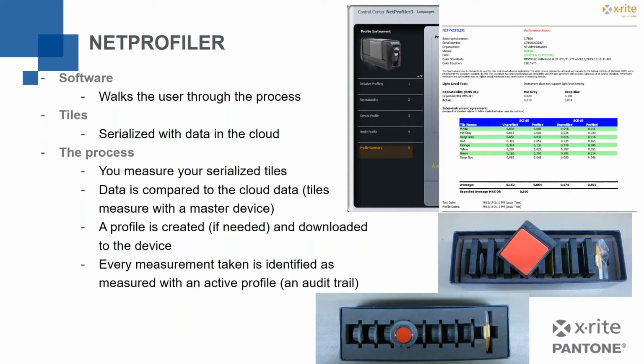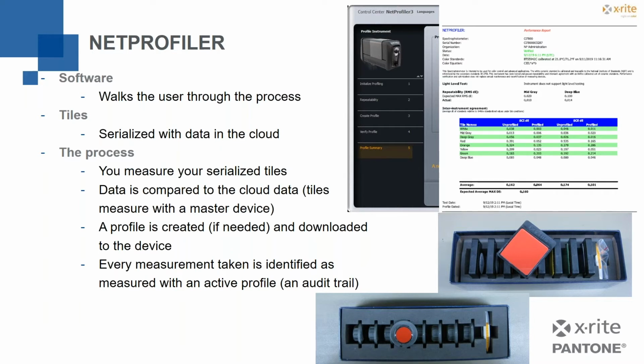So if you think back to a global fleet or even a smaller fleet of instruments, and you're looking at data measured against the same standard, for example, data measured from different plants, you can very quickly look at the trials that were measured and see that everybody's got active profiles.